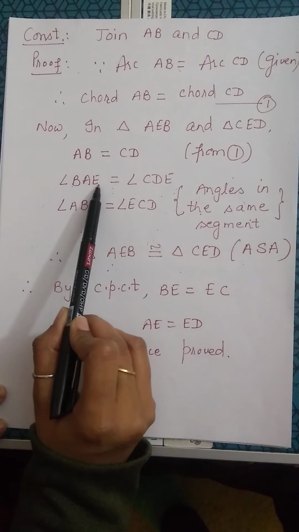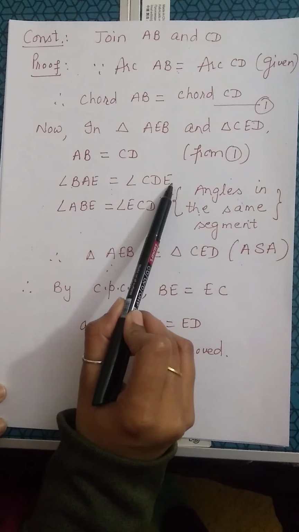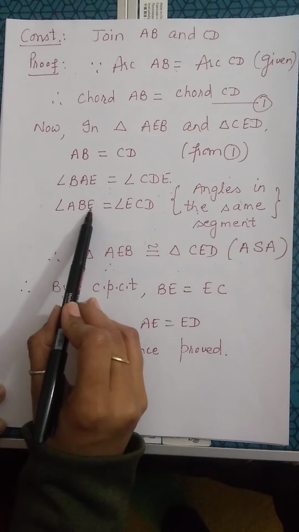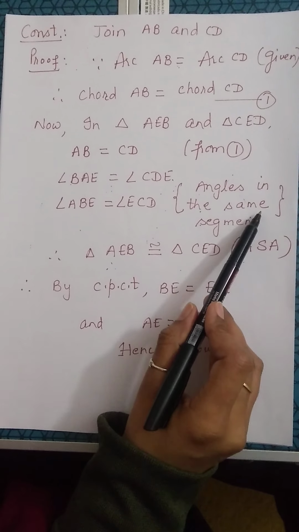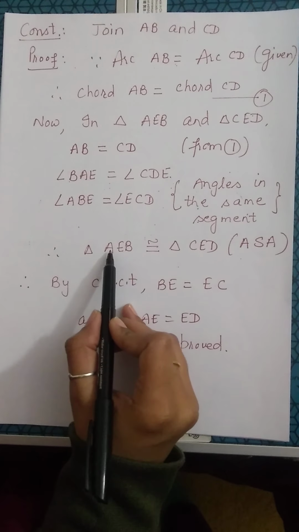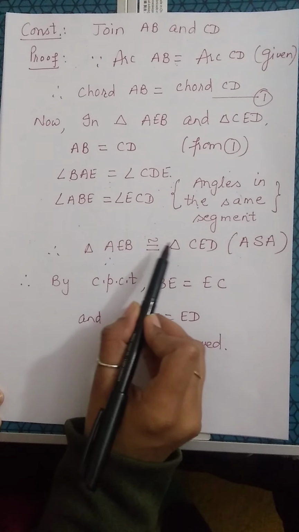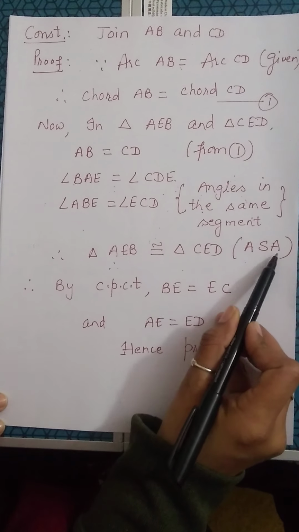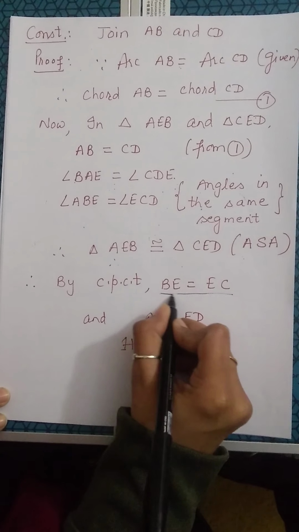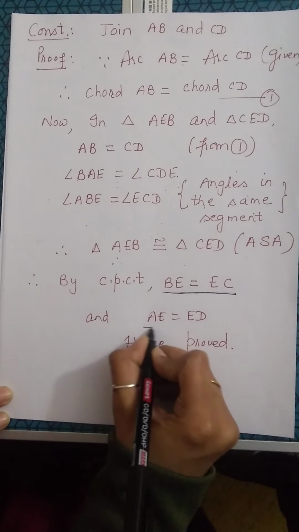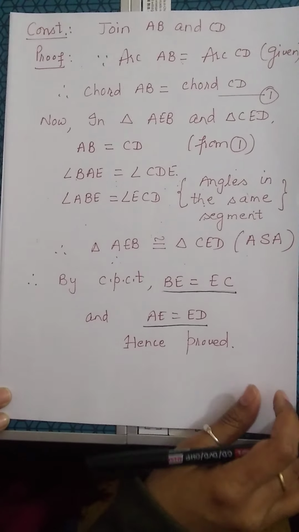Angle BAE is equal to angle CDE, and angle ABE is equal to angle ECD, angles in the same segment. Therefore, triangle AEB is congruent to triangle CED by the ASA congruency rule, and by CPCT we can prove BE is equal to EC and AE is equal to ED.